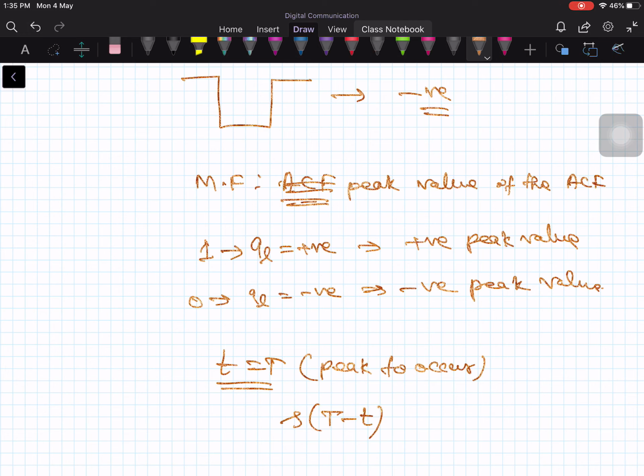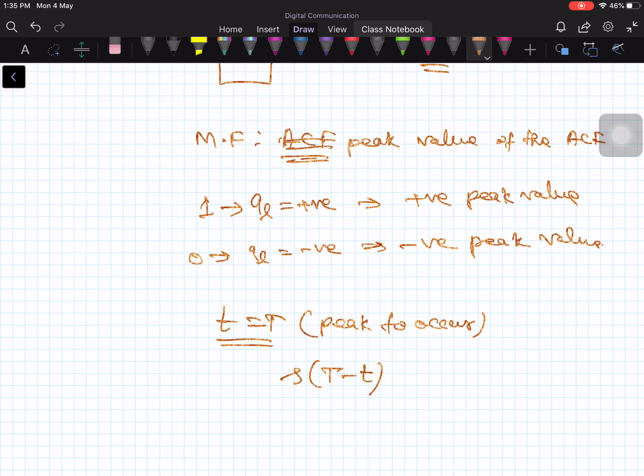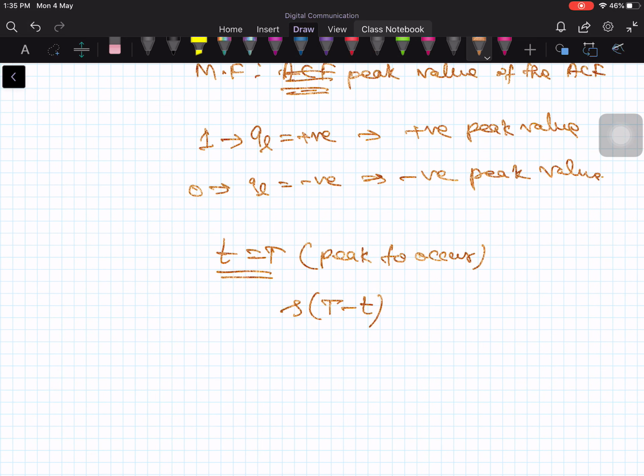And really speaking, I would like it to be peaking every T seconds, and I would like to keep on sampling the output of the matched filter every T seconds. However, you must note that the fact that it is peaking at t equal to LT, that is every T seconds.